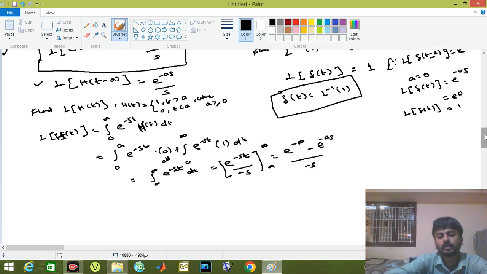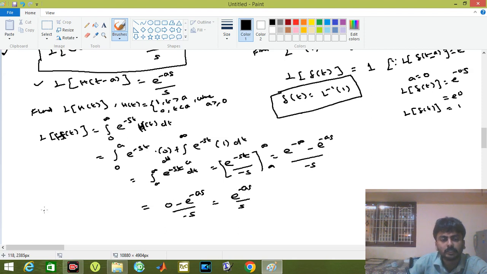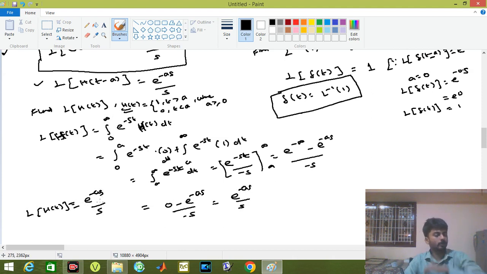E power of minus infinity is 0, so 0 minus of minus will become plus, giving e power of minus as by s. So L of h of t for this function is e power of minus as by s. Then if possible we shall discuss some more problems also.